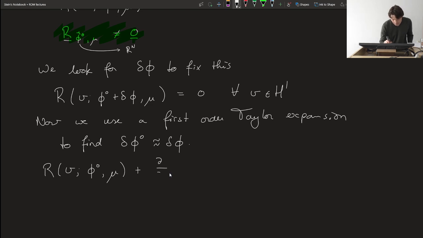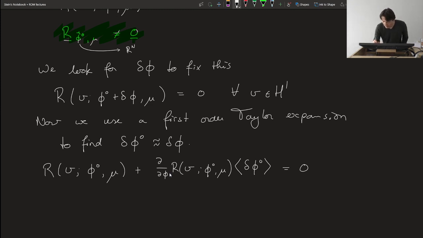I'm just going to write partial phi of R, which is a linear form, at phi 0 and at our parameter point, acting in the direction of delta phi 0, our approximation. And this is what we're going to set equal to 0. That's going to be our first approximation of this delta phi.